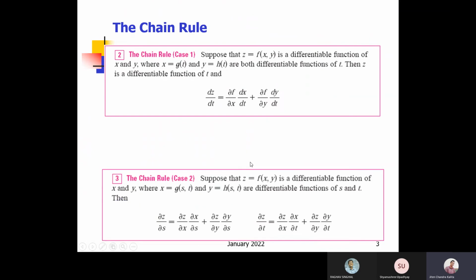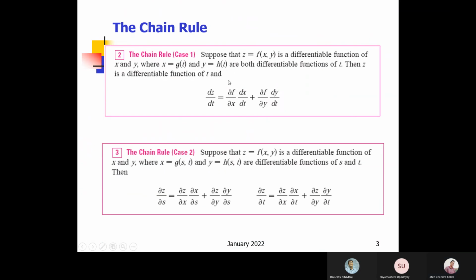So this is the chain rule. Okay. So this is case 1 when I'm considering each of those independent variables being functions of another independent variable t. So this is what happens. So this is of course for a function of two variables, and each of those two variables are themselves functions of another two variables s and t.